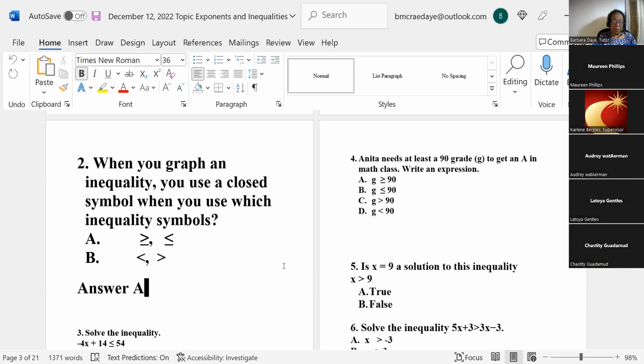So when we graph them, we draw a line inclusive of the values in the inequality, and then we put a closed or open symbol. In other words, shaded or unshaded. Any questions on number 2?